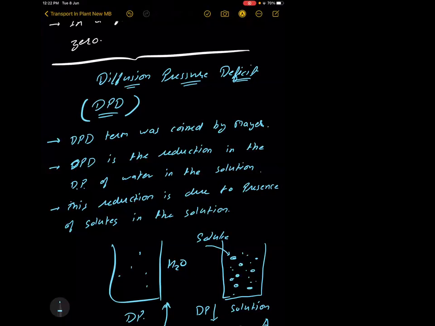Even we use that term, suction pressure. In simple words, we use another term: thirst of the cell. If DPD is higher, the cell is more thirsty. It can absorb more water, meaning it shows a power of absorption.